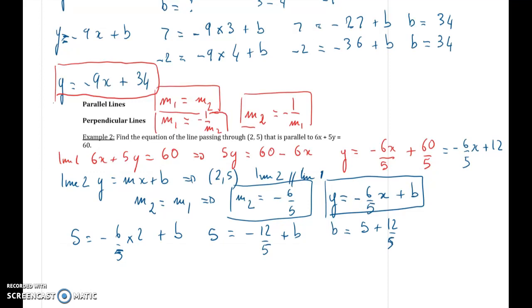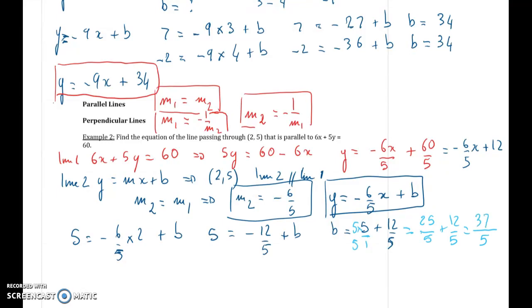When you don't have the same denominator, you need to look for the LCD. In that case, the LCD is pretty simple. It's 5. So I need to multiply the second fraction by 5 top and bottom. I would like to remind you that 5 is 5 over 1. I end up with 25 over 5 plus 12 over 5. One fraction, 25 plus 12 equals 37.